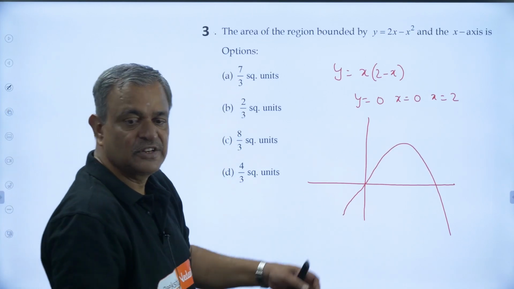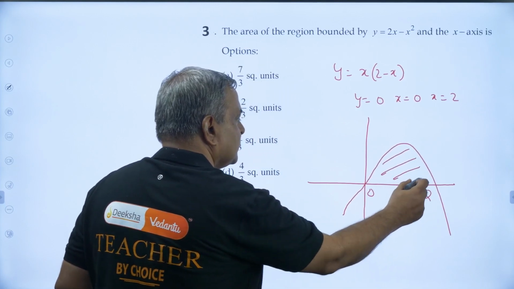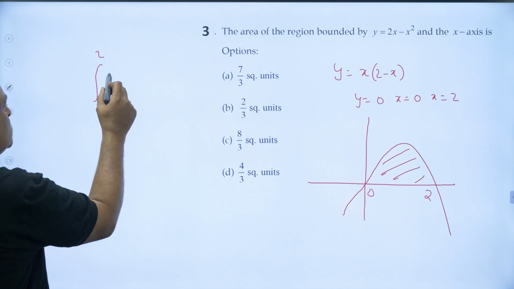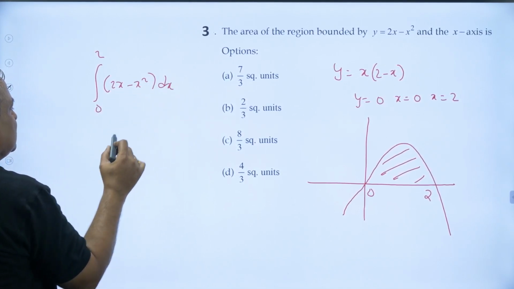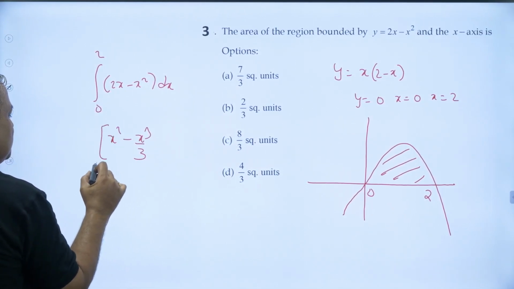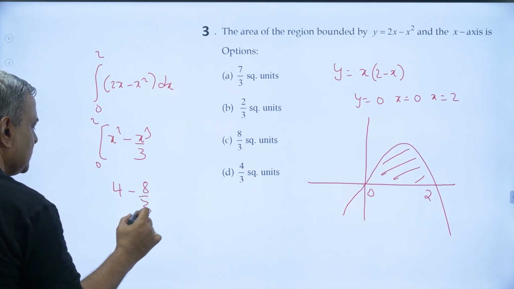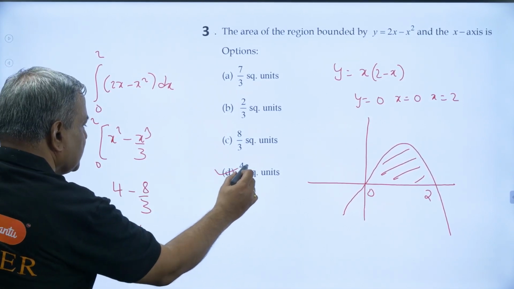X-axis. So the area of the region from 0 to 2 is what they are asking. So what do we get? Integral 0 to 2 of 2x minus x square dx. This will give you x square minus x cube by 3, from 0 to 2. That is 4 minus 8 by 3. So the answer is 4 by 3 square unit, option D.